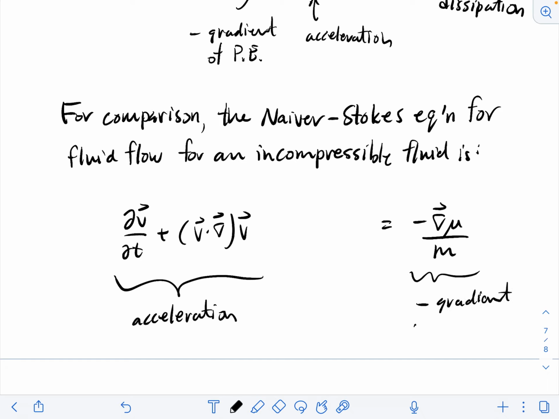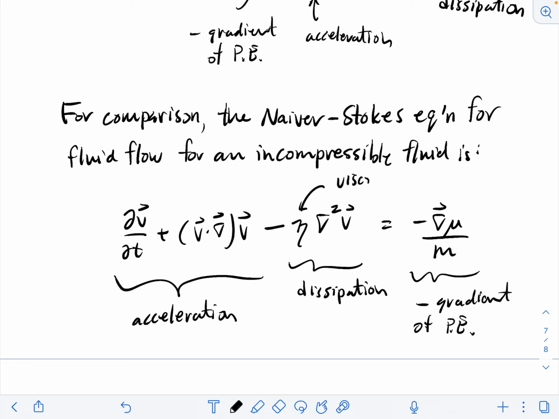We have that term also in our superfluid flow expression. In that case, the chemical potential plays the role of the potential energy. But what you have for a viscous fluid is a term that looks like this, and this is a dissipation term. And this eta is the viscosity.